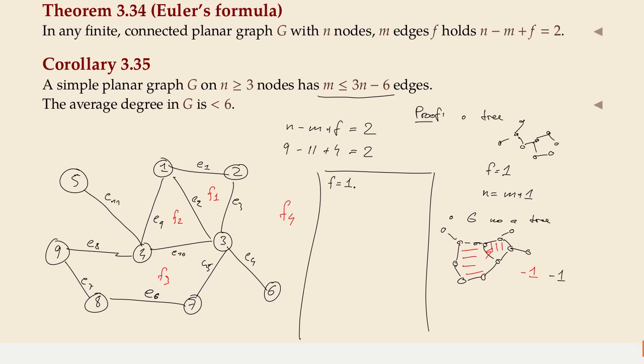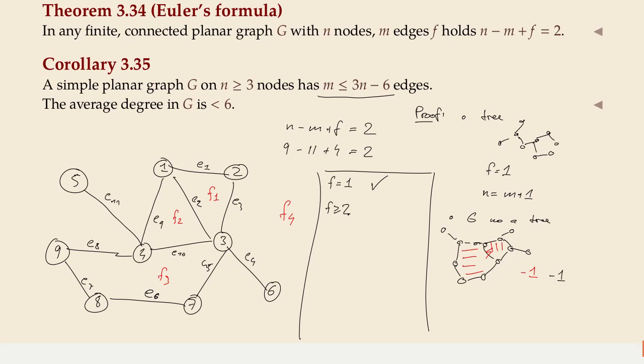We distinguish the case of trees because there the math doesn't check out for the general argument, but we actually know that this bound holds for trees because there are at most n minus 1 edges in a tree, and this is certainly not more than that. So trees are fine.